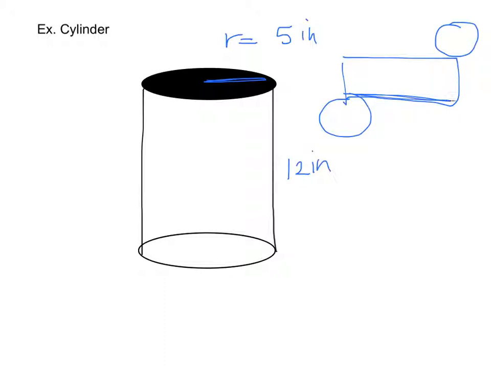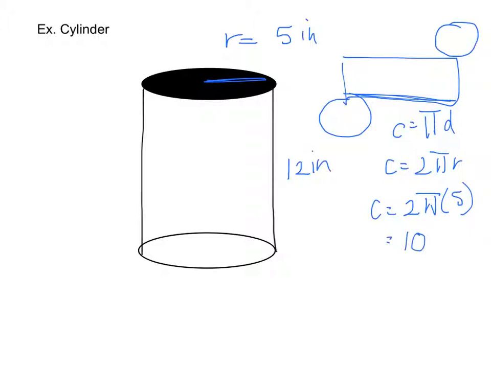This length is actually going to be the circumference of the circle, and as we know, circumference is pi d, or also 2 pi r. So we can find that by saying 2 pi and then inserting our radius r. So that's 10 pi. And then to find the area of our lateral face, that's going to be 12 times 10 pi, or 120 pi.